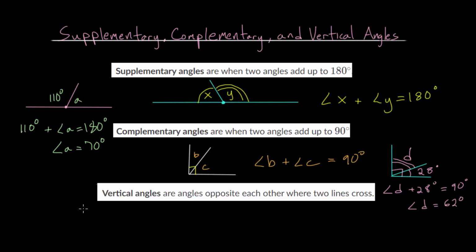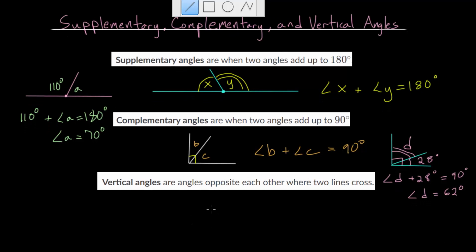And lastly, we have vertical angles. And vertical angles are formed when you have two intersecting lines, and we're talking about the angles opposite from each other. So let me just make a little bit more room here. So if we have two intersecting lines, then the angles opposite each other are called vertical angles.